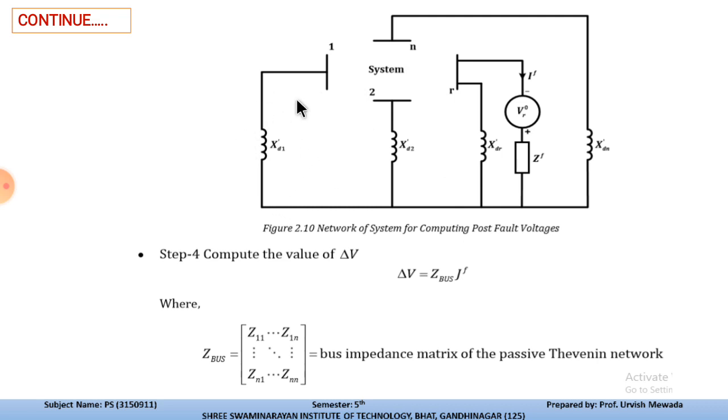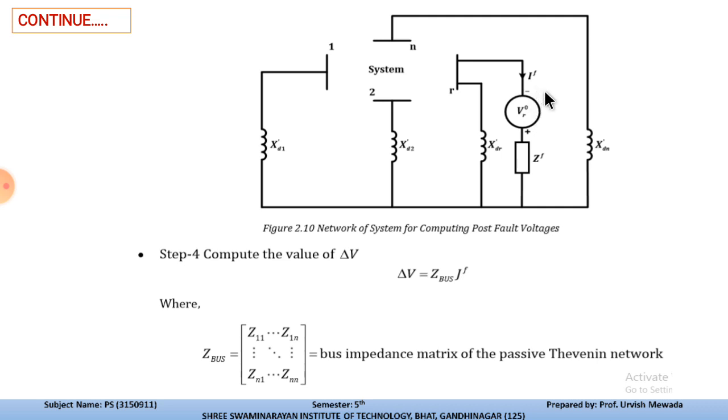For generator number 1, the reactance becomes Xd1 dash, and for generator number 2 it becomes Xd2 dash. For the point where the fault occurs at bus R, we consider the Thevenin's circuit. The reactance of this faulty bus is X dash dr, and the voltage at this bus is Vr raised to 0, as we considered in the formation of the matrix in the previous slide.